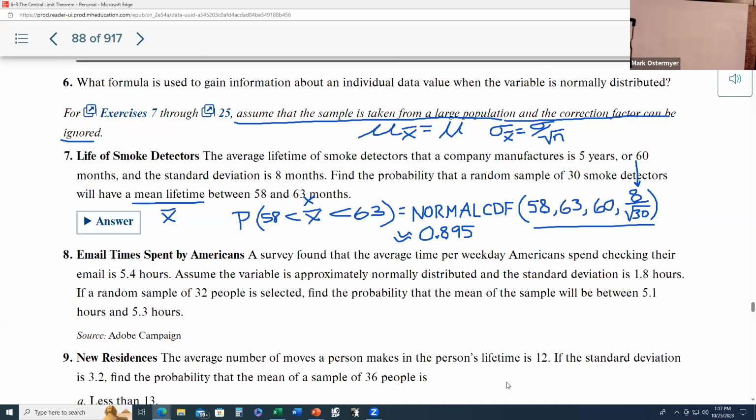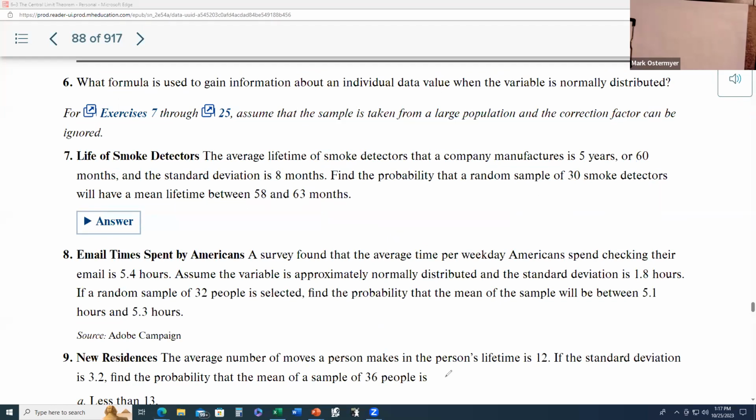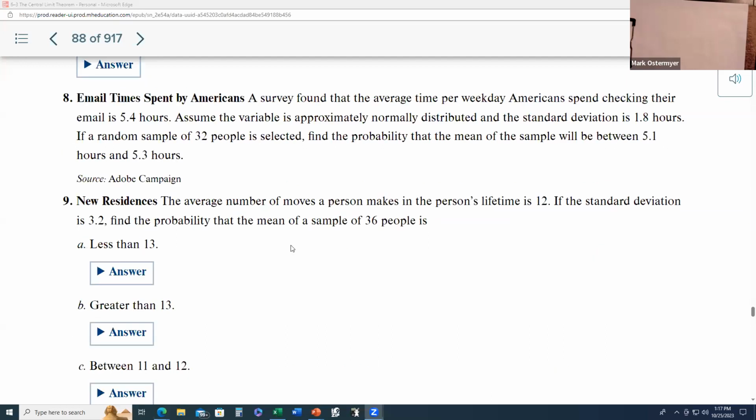Okay, let's see if we can go down and do another one here. So that's part of classwork one. You can try problem number 9 here. The average number of moves a person makes in a lifetime is 12.